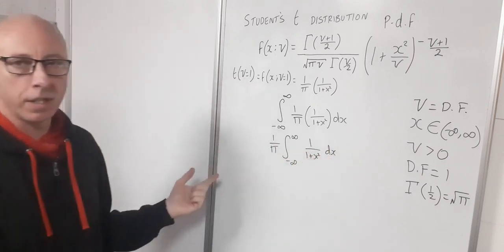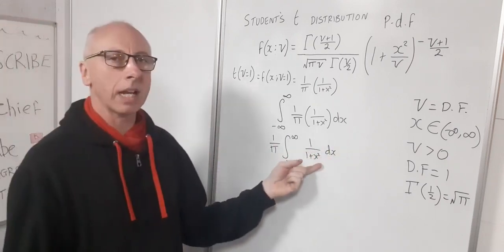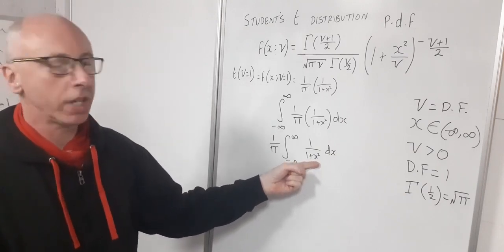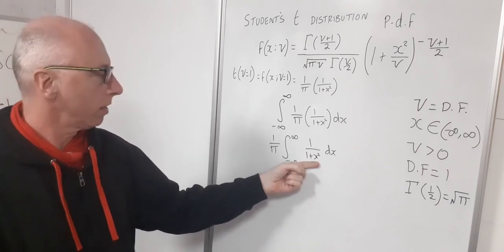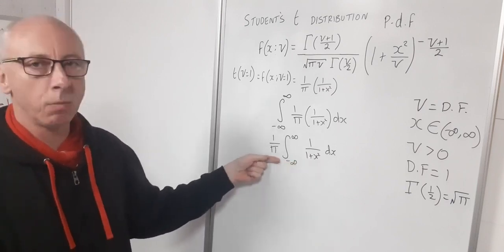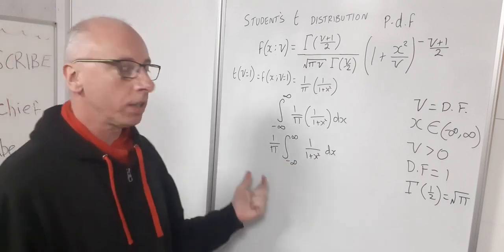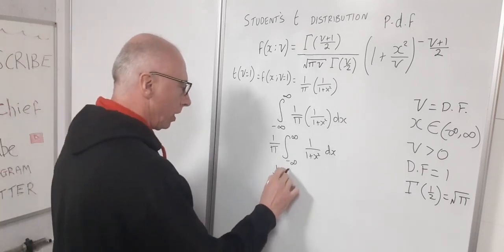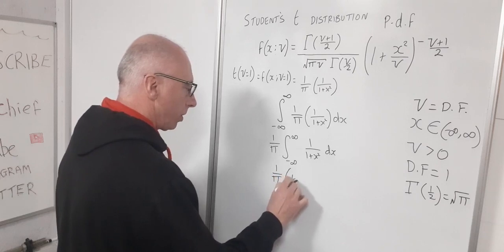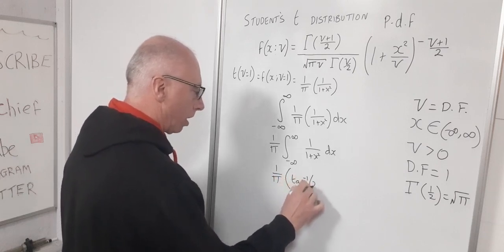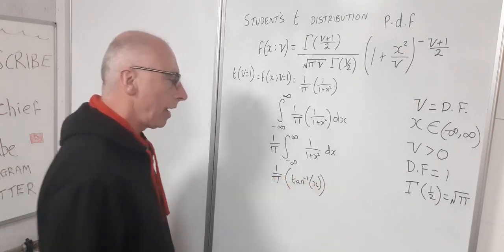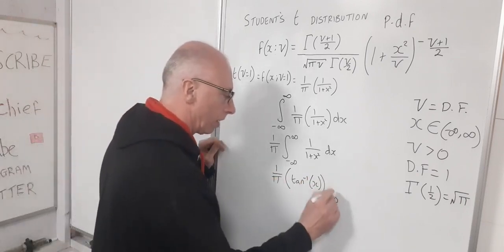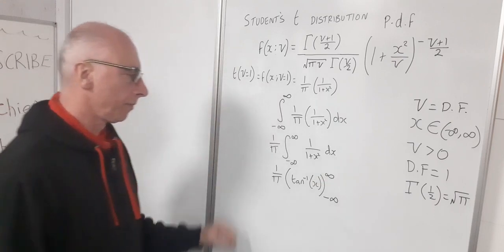Okay, now this is an easy one to integrate because this is just a classic integral, 1 over 1 plus x squared. We know that that's the inverse tangent of x, and we've got 1 over pi, which is our constant. So we can integrate straight away and put our result in. So we've got 1 over pi times inverse tangent of x, and that's calculated from negative infinity to infinity.